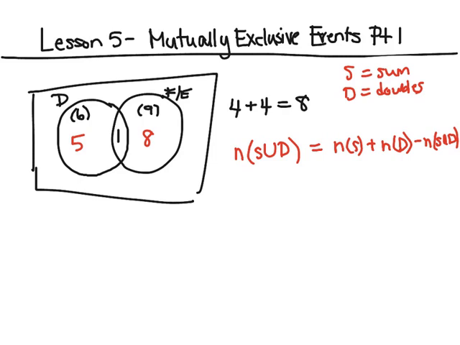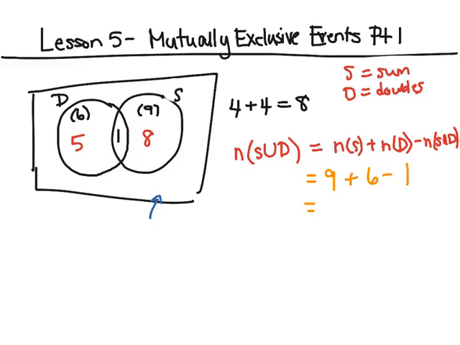What we want to find right now is this little outside area. How many ways can you not have this happen? So we know that the sum or doubles is equal to n of s. There's 9 ways to get a sum, and there's 6 ways to get a double, and we minus the 1 way to get both.